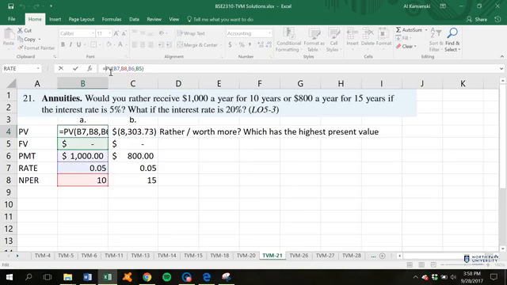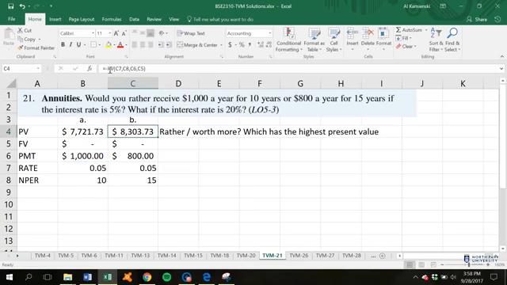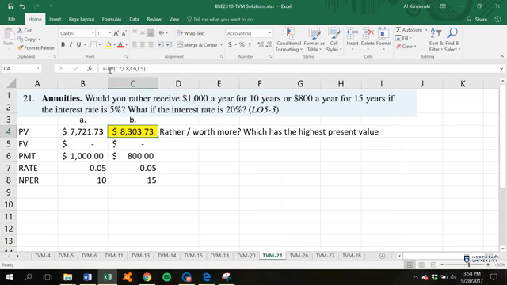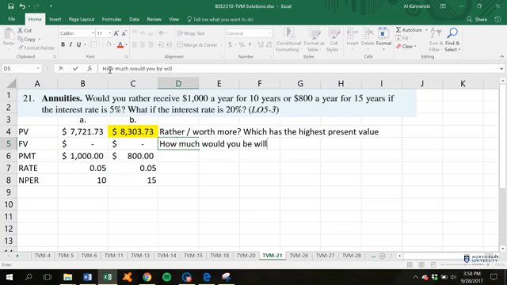So if we wanted to, we could again switch the signs here, just so that we could see that indeed I would rather have something that was worth $8,303. The way I always like to think about it is, how much would you be willing to pay for something? And obviously then the higher amount that you'd be willing to pay, then the more value it has.